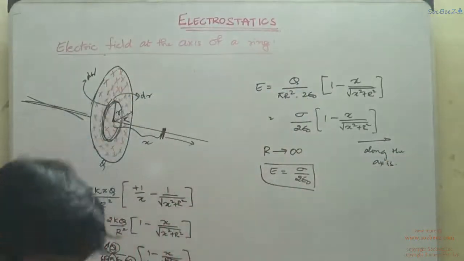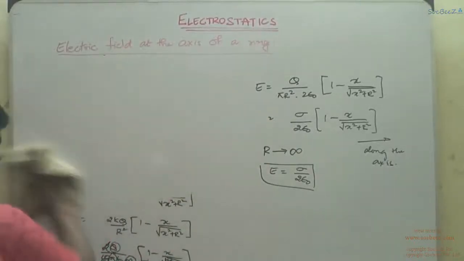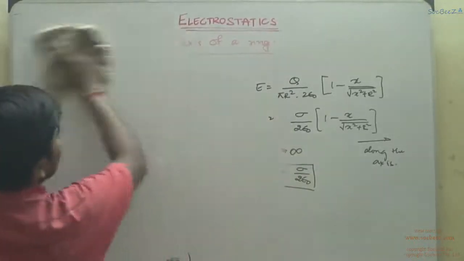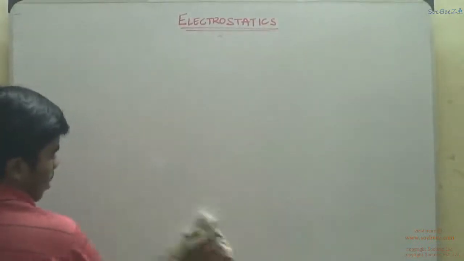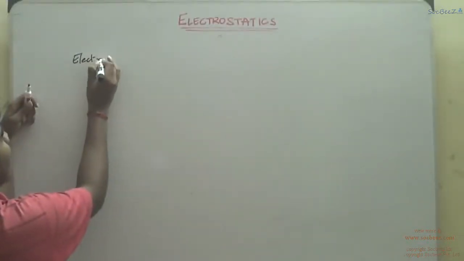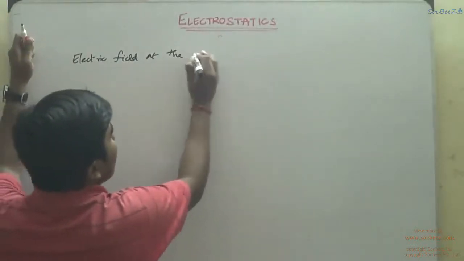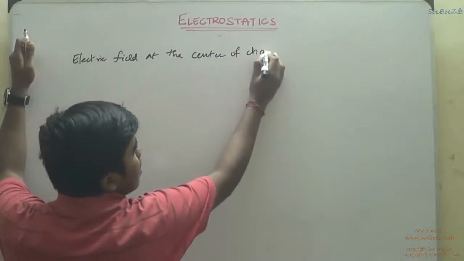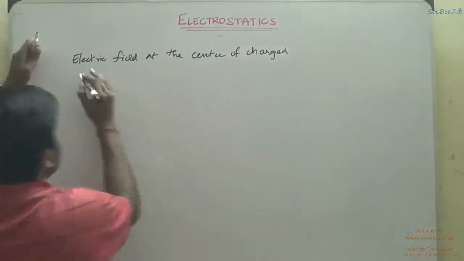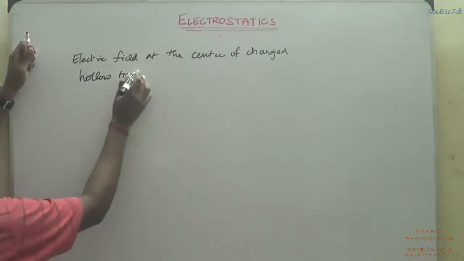Okay. Now this is how we derived all these equations. Now I'll give you one more formula which is not to be derived, but it's good if we remember it. The electric field at the center of a charged hollow hemisphere.